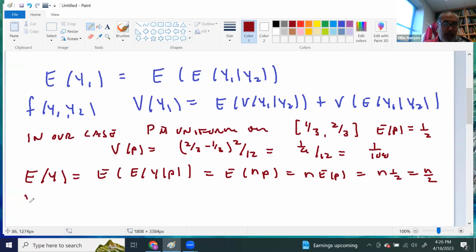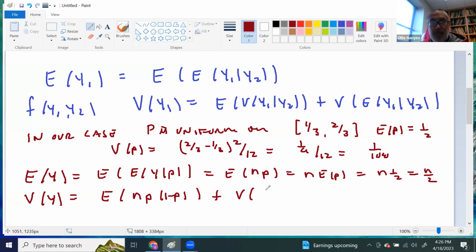And the variance of y, well, we would have the expectation. Now this, remember, is going to be np(1 minus p), plus the variance, and this is going to be the expectation of this.